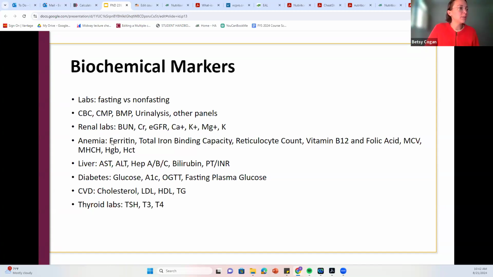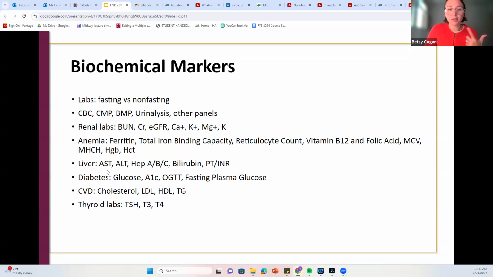We are going to be looking at blood counts and the urinalysis. We're going to look at the renal labs, how well their kidneys are functioning. We want to screen for anemia, and maybe other sources of anemia outside of iron, because we know that B12 and folic acid can also cause anemias.